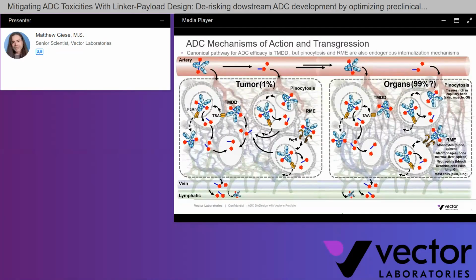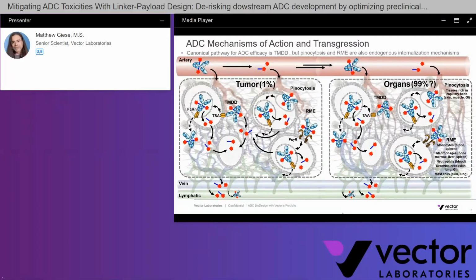So the reason I think it's important to review all this, particularly with respect to the vector linker portfolio, is that these other processes besides TMDD are influenced by the physicochemical properties of the linker payload. And those are influenced by the different properties of how you put it together and how you build your payload.